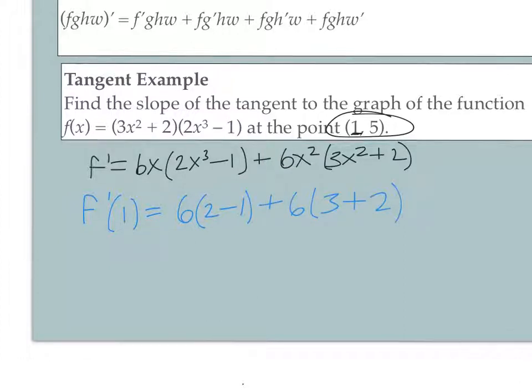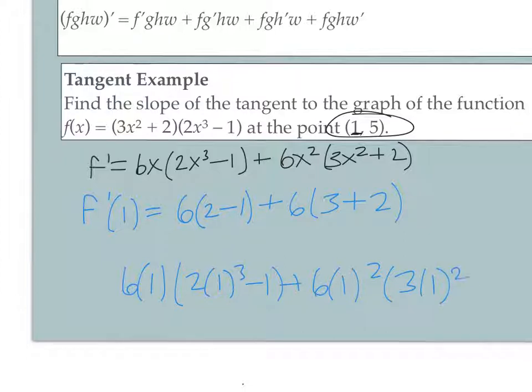And please notice, because I see a lot of you guys, when you're plugging in numbers, if you're plugging in a 1, think about it when you're doing it. If I saw someone write this, it's like, yeah, this is correct, but look how complicated this looks. It's needlessly complicated, because 6 times 1 is 6.